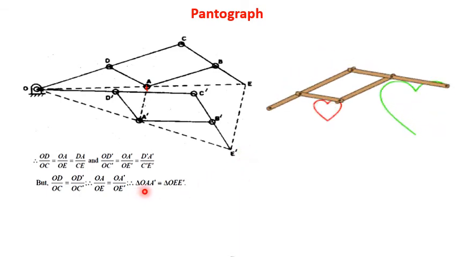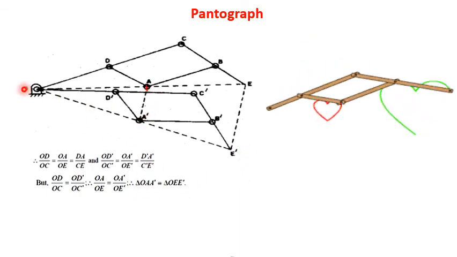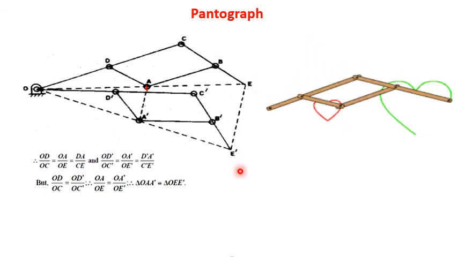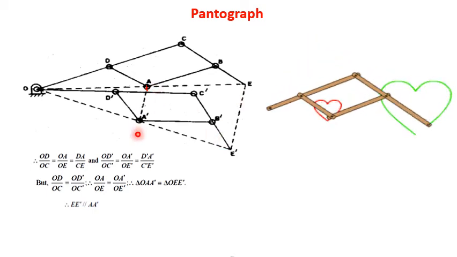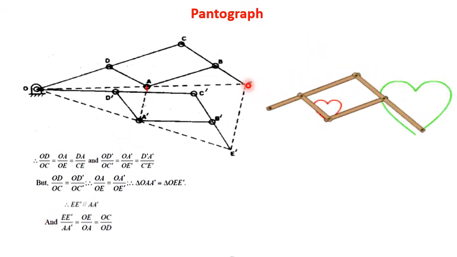So triangle OAA dash and triangle OEE dash are similar, and also EE dash is parallel to AA dash. Let us consider these two triangles, OAA dash and OEE dash. These two are similar triangles.